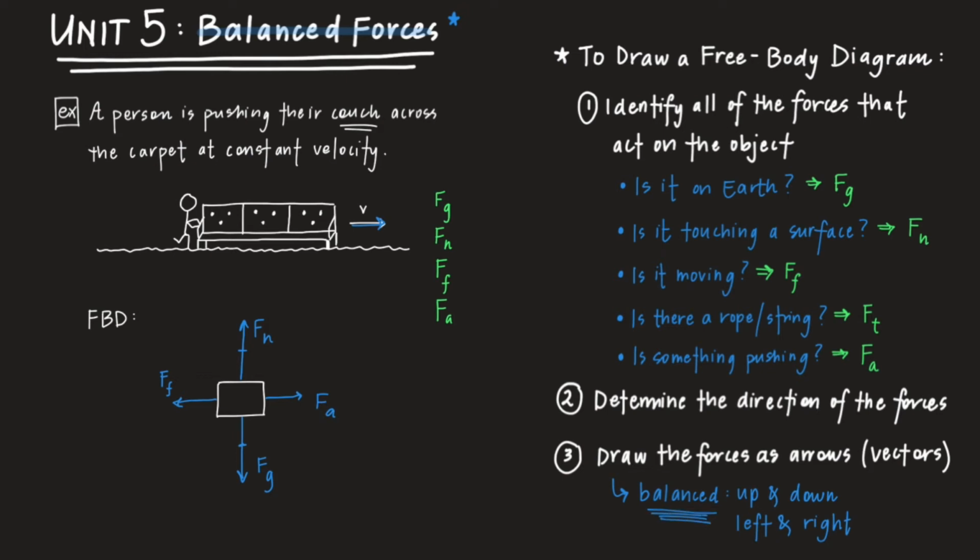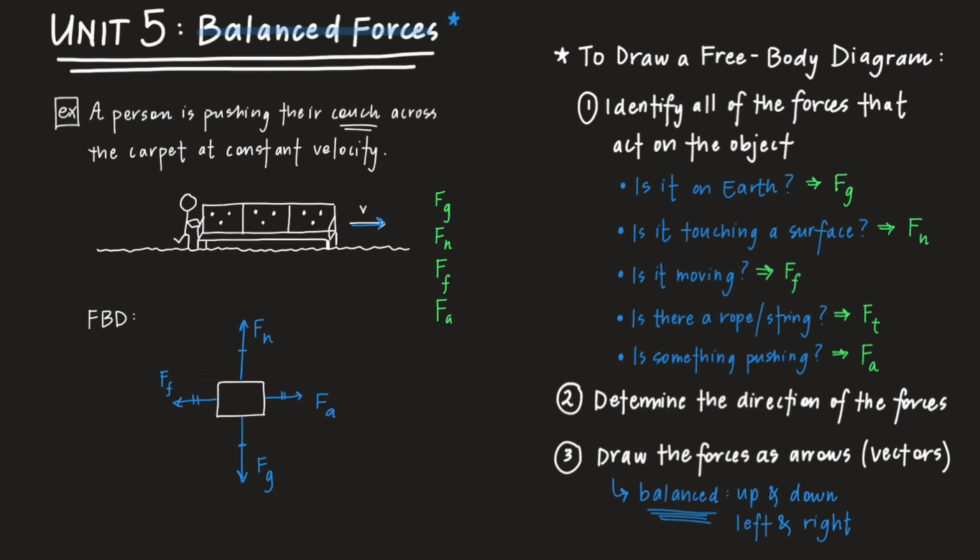Also, we are in the unit of balanced forces, which must mean that the force of friction and the applied force are equal and opposite to one another. So I'm going to do two dashes to signify that they're different than the normal and gravity forces, but they're equal and opposite. So again, this object is moving at constant velocity, which is good.